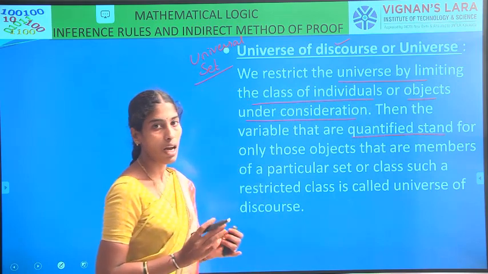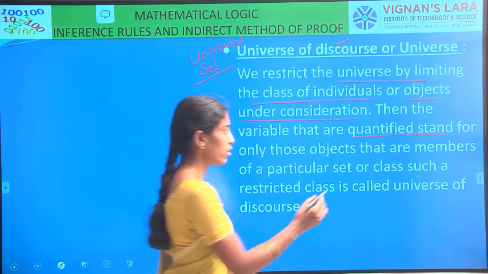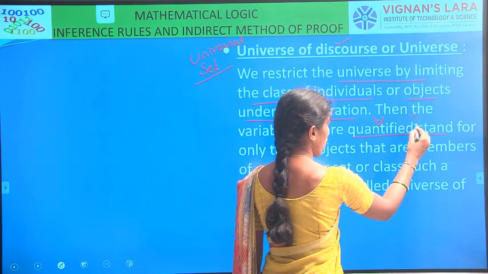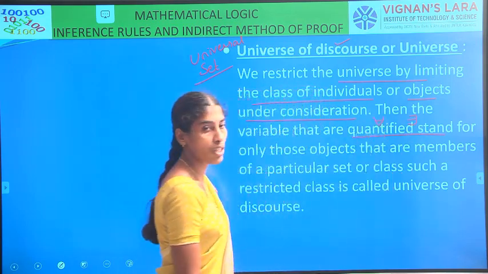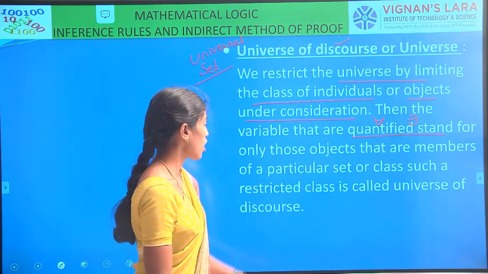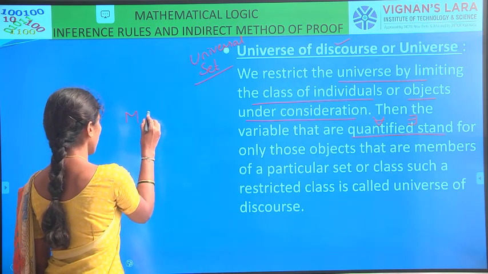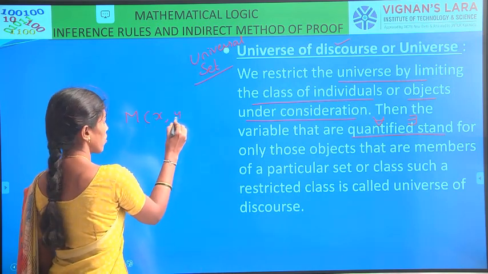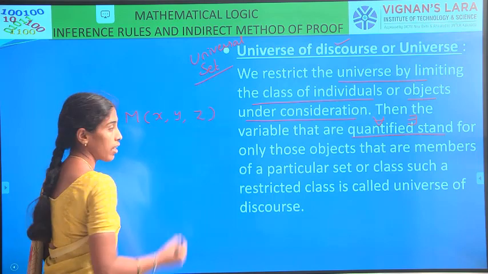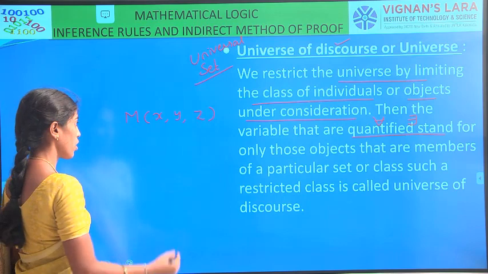Then the variables that are quantified. Here we have two quantifiers. One is the universal quantifier, for every. The other quantifier is the existential quantifier. They stand for only those objects that are members of a particular set. Suppose I write some 3-place predicate, M of x, y, z, right?